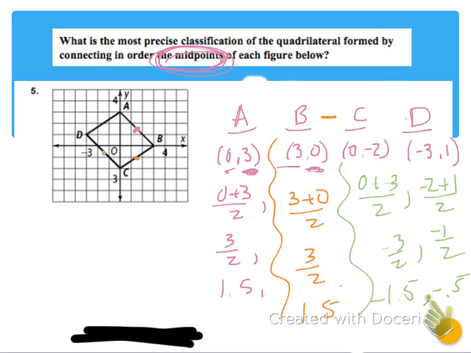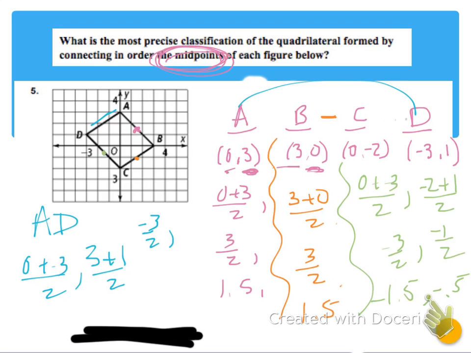And then I have to do my last one. So my last one is between A and D, so I need to check AD here. So I'm going to add my x's, so 0 plus negative 3 divided by 2, and my y's, 3 plus 1 divided by 2. So I'll have negative 3 over 2 and 4 over 2, which simplify to negative 1.5 and 2.